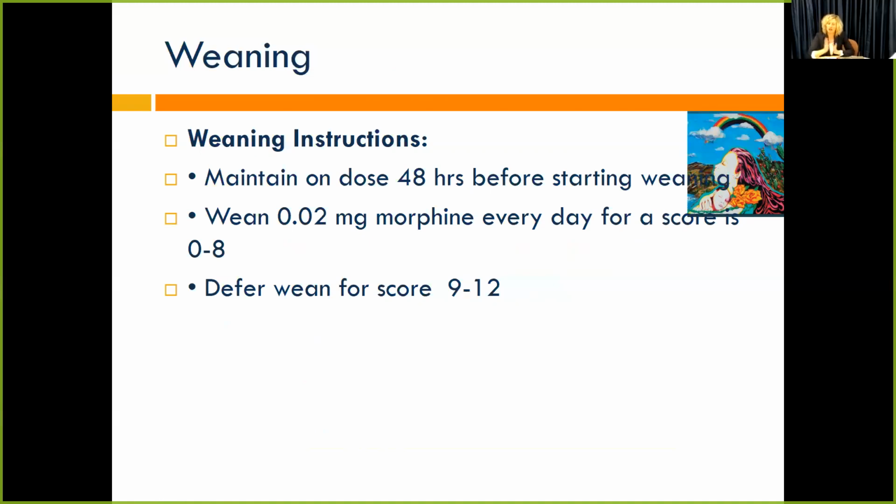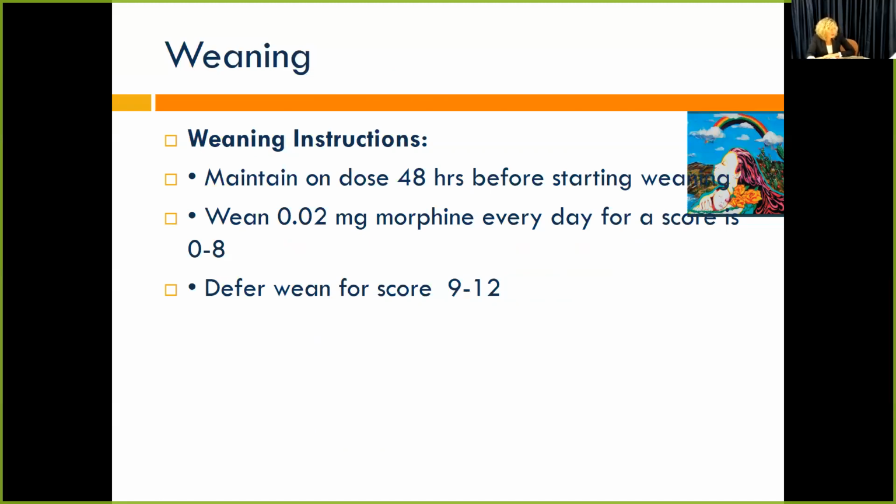So I think it's also really helpful when we're monitoring babies to look at large patterns of scoring. Is the baby having trouble at night? Is the baby having more trouble when mom can't be with the baby? Is there a certain one person who scores higher than all the other people?